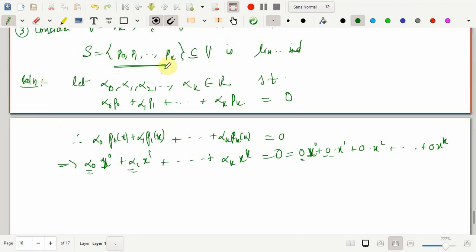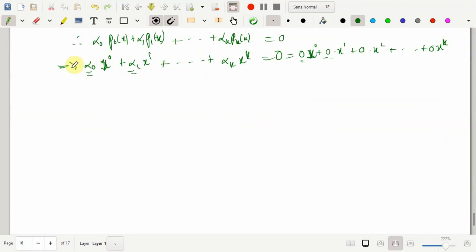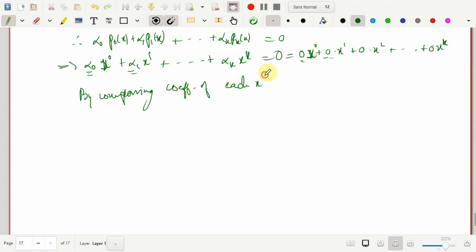So therefore, by comparing the coefficient of each x raised to i, we have alpha naught equal to 0, alpha 1 equal to 0, and this goes on till alpha k equal to 0.